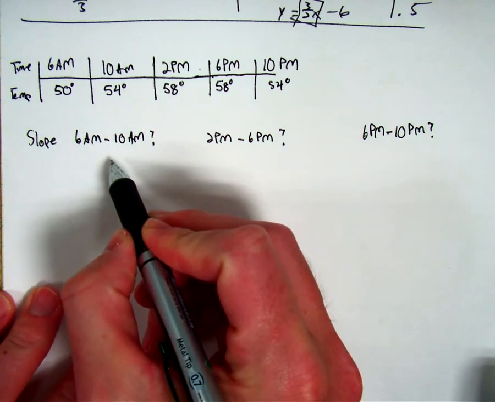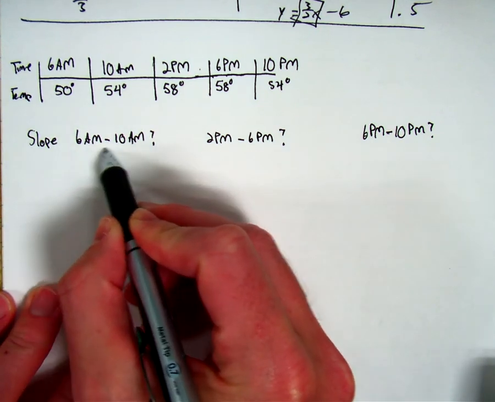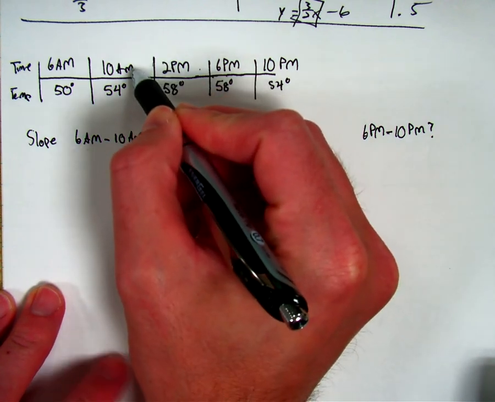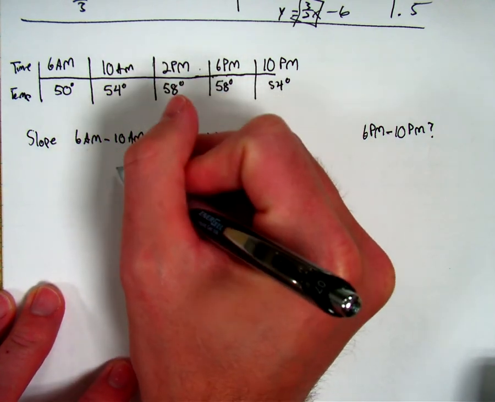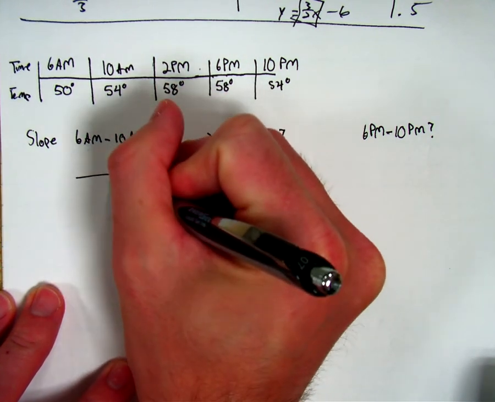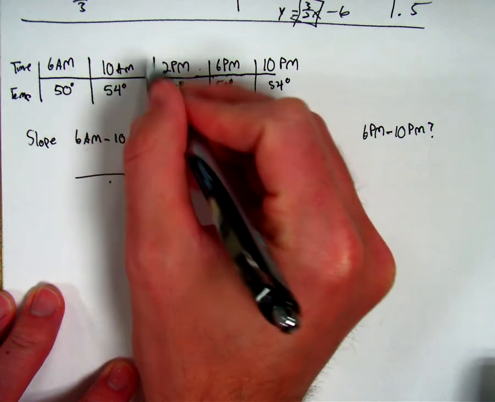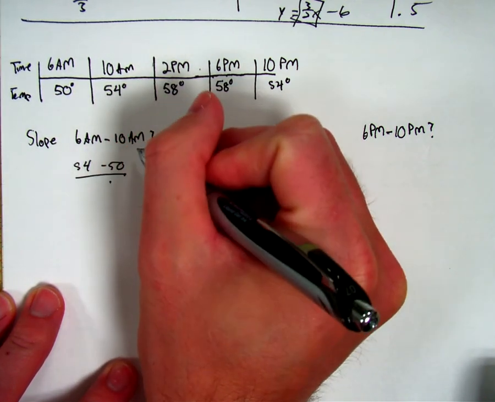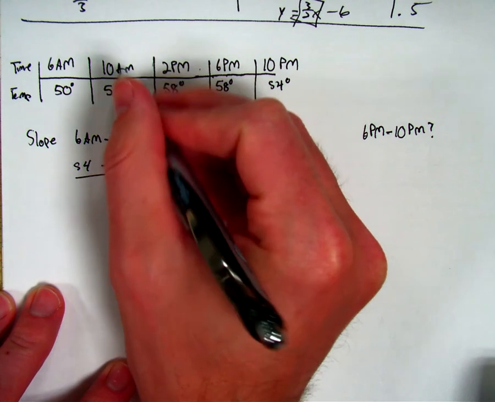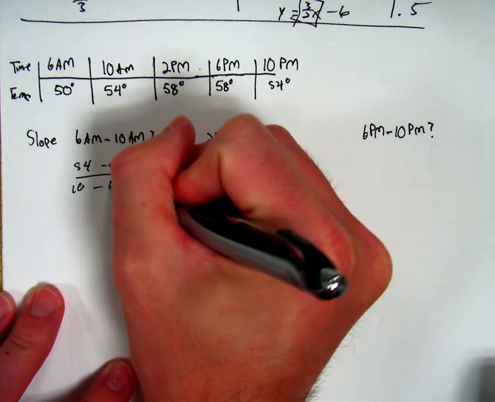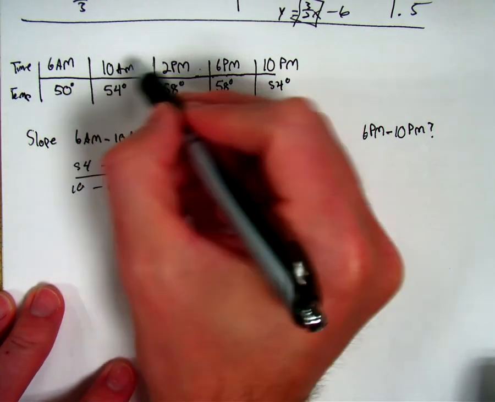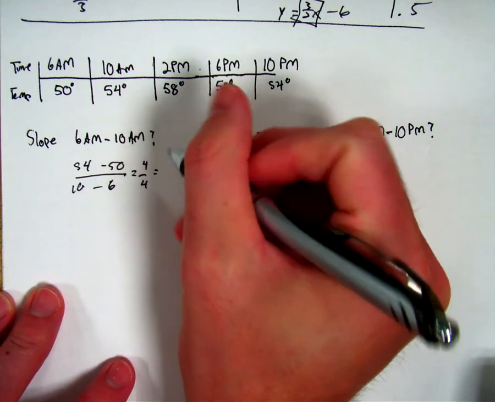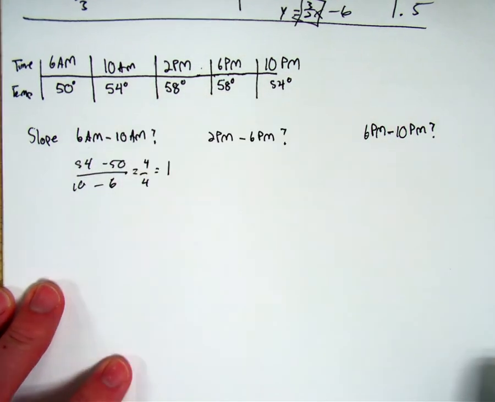So, our slope from 6 a.m. to 10 a.m. Alright, so we have 10 a.m. and 6 a.m. This is our point 2, so let's go 54 minus 50, and then 10 minus 6. So we went up 4 degrees over a period of 4 hours.